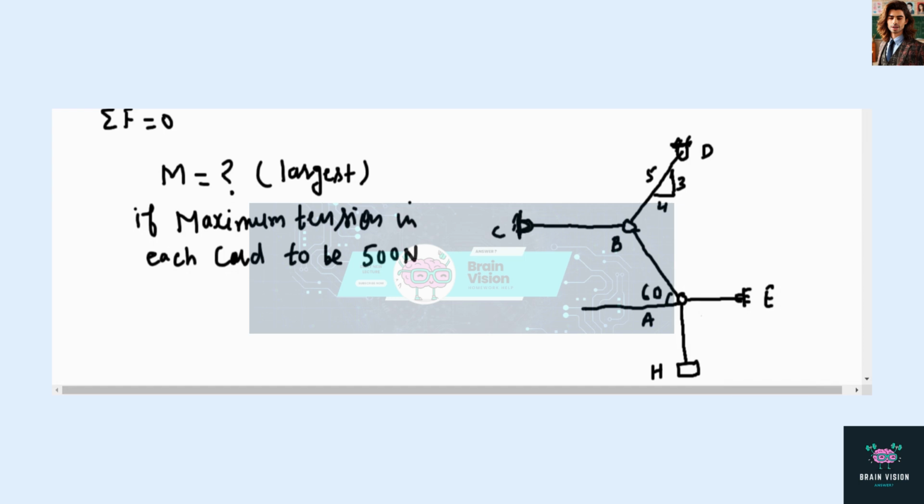Tension in HA cord, THA, this is TAE, this is TAB, TBC and TBD.